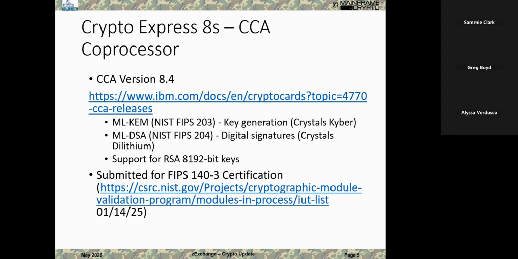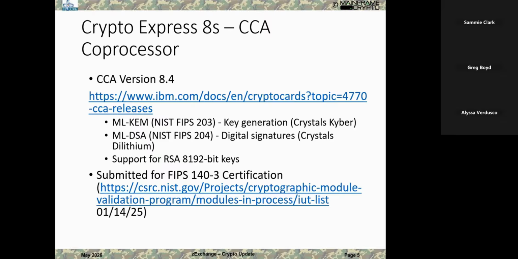Those are no longer considered secure. 2048 or even 4096 are what most people are using, and the next turn of the crank would logically be 8192-bit keys. Now, those longer RSA 8192-bit keys aren't going to provide a huge value when quantum becomes a reality, and those prime numbers can be reversed and that key material calculated. But for now, if you want to use RSA 8192-bit keys, they are supported in the hardware.